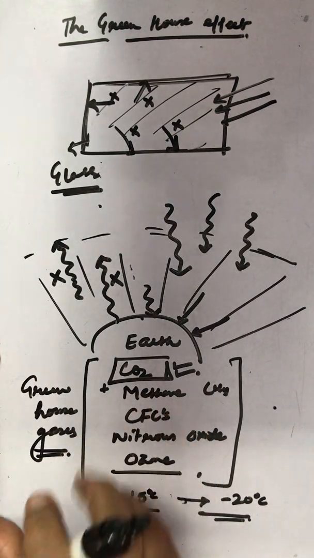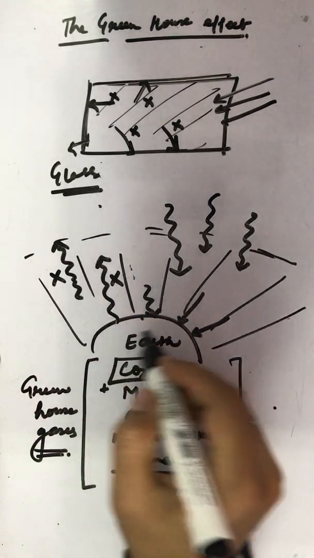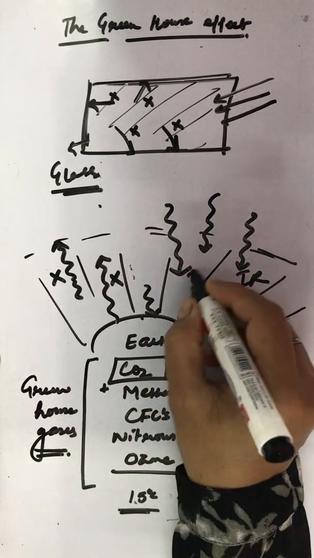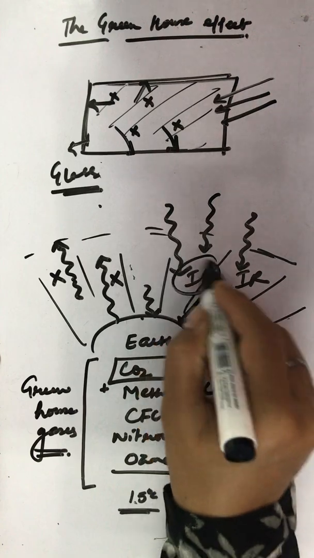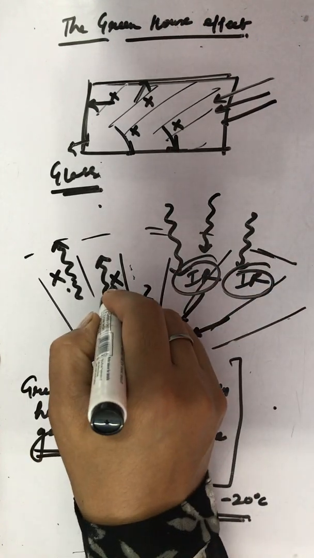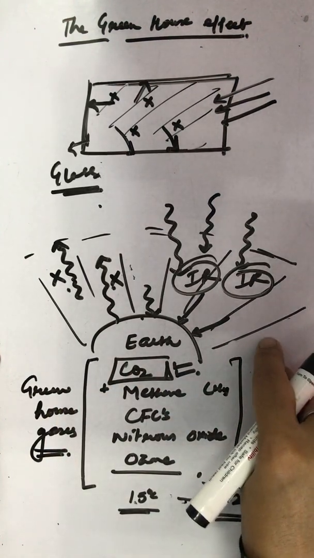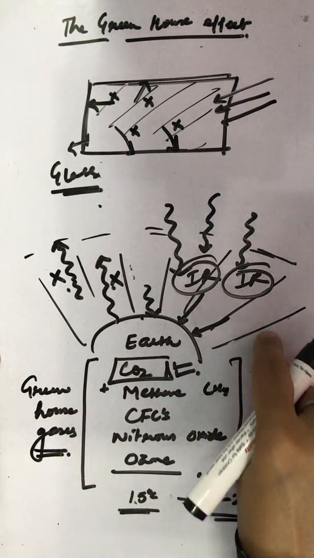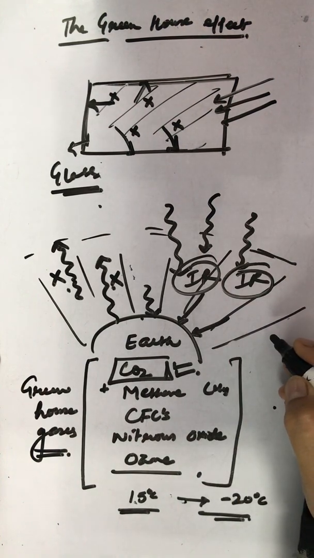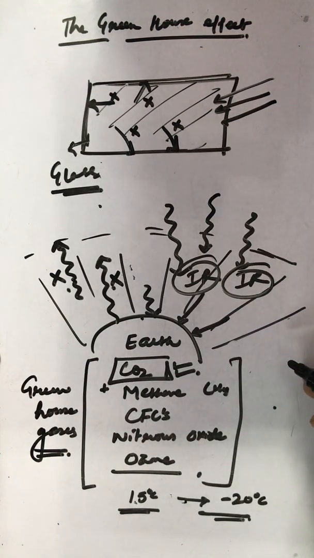These gases generally trap the heat, that means the IR radiations. These are all infrared radiations which are trapped. The longer ones are not allowed to escape, thereby heating up the Earth's atmosphere. This heating up of the atmosphere, which is leading to increase in Earth's temperature, is global warming.